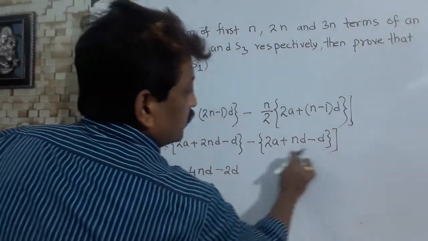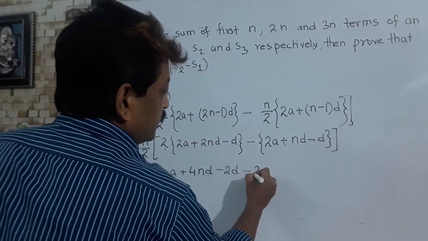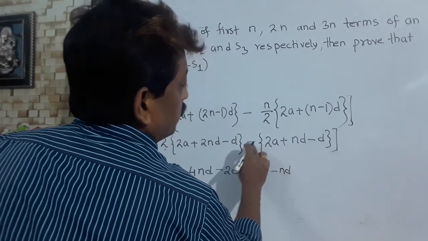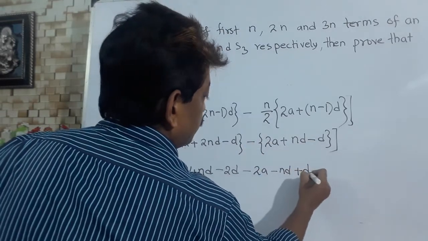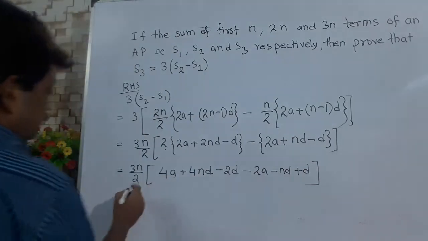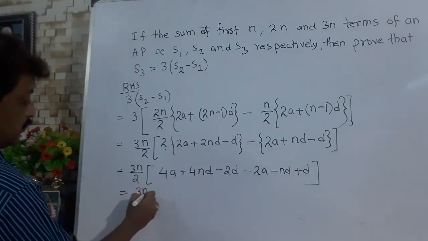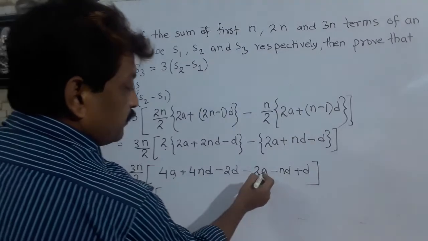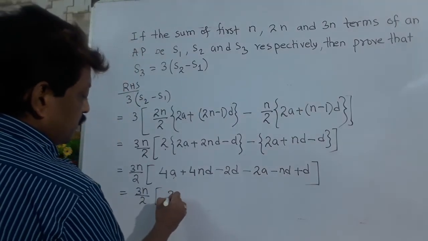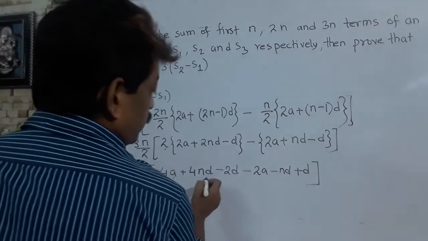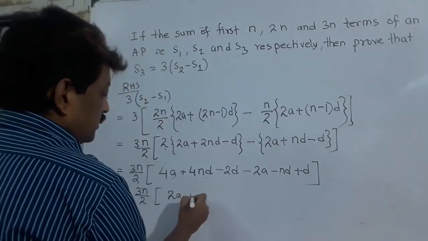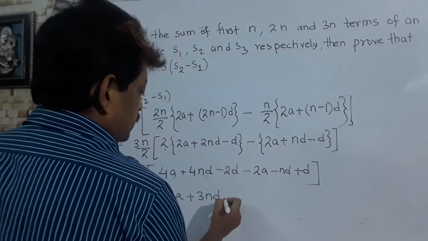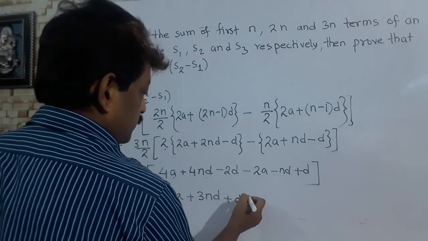Similarly here I am opening the bracket, so it will be minus 2a, minus of nd is minus nd, and minus of minus d will be plus d. So 3n by 2, here it will be 4a minus 2a is 2a, 4nd minus nd is 3nd, and minus 2d plus d is minus d.